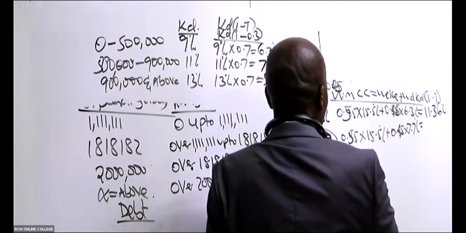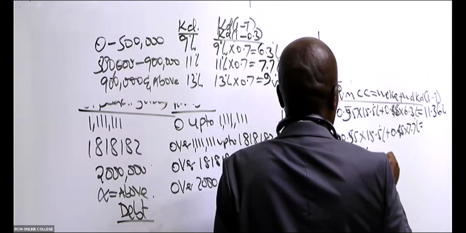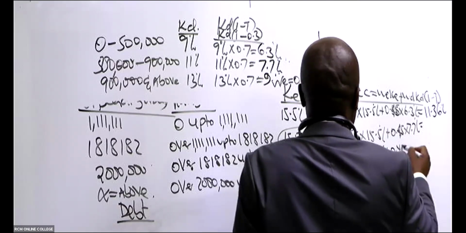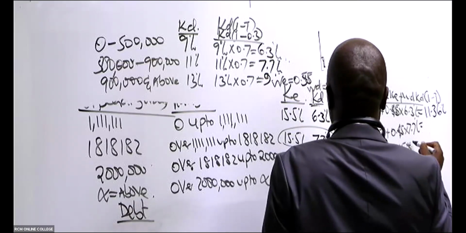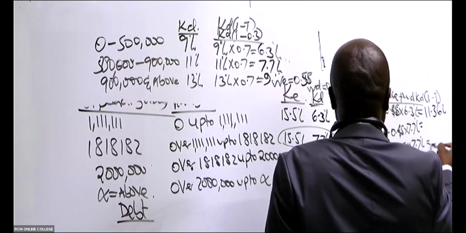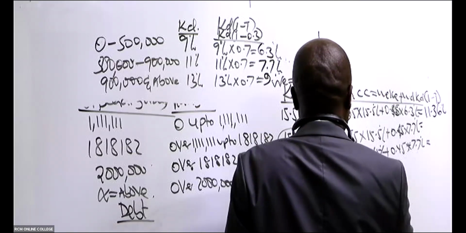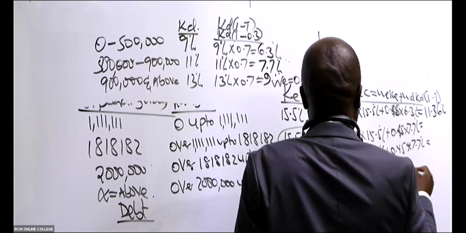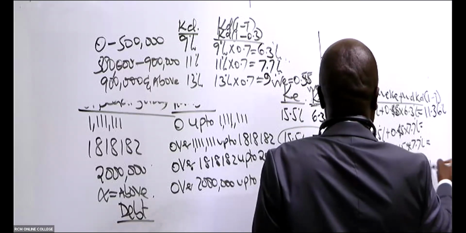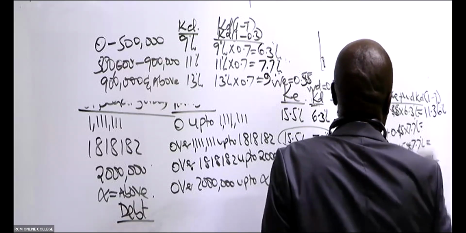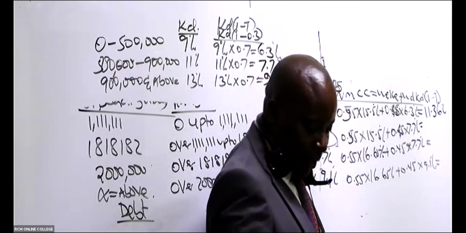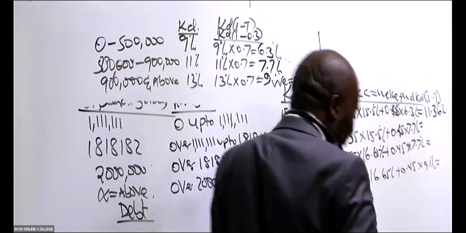So the third one here will be 0.55 times 16.65 plus 0.45 times 7.7%. Then we have here 0.55 times 16.65% plus 0.45 times 9.1%. So are you able to give me the answers now? Pretty fast. 11.99.